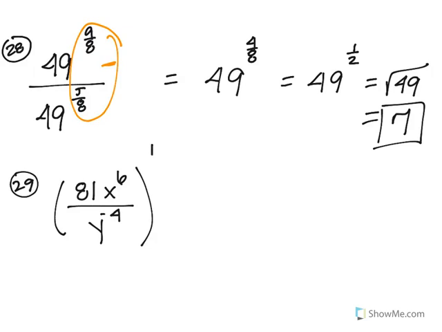And this one is raised to the 1/2 power. So what I would do is put this 1/2 on each one of them, because it also goes on to 81, right? Keep in mind, you're going to distribute this 1/2 to everybody inside as far as exponents.